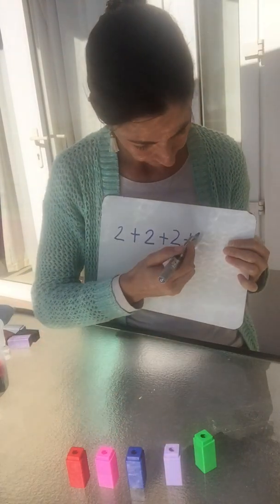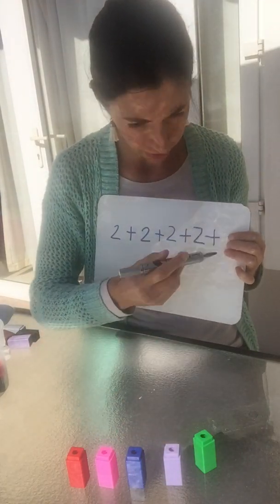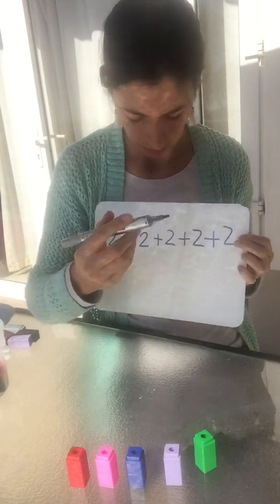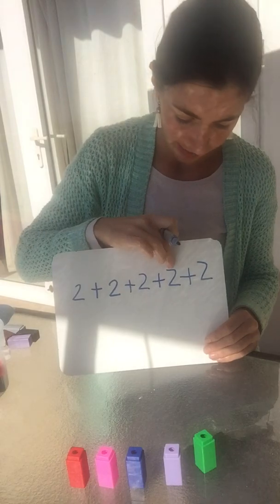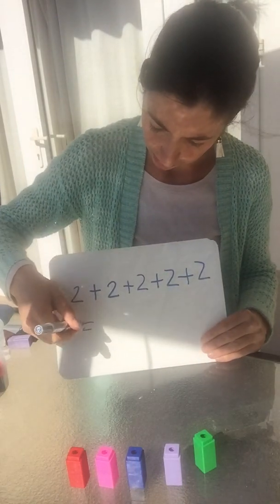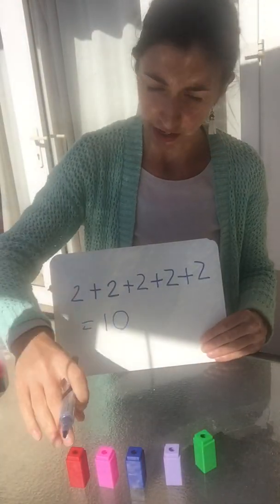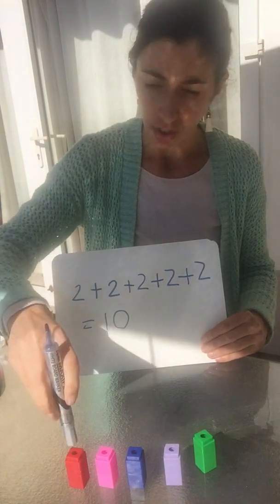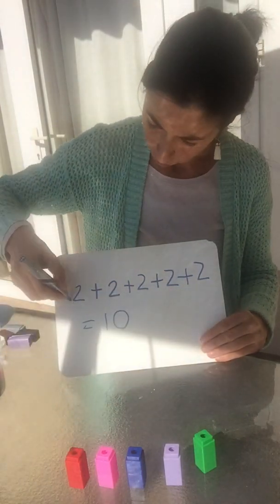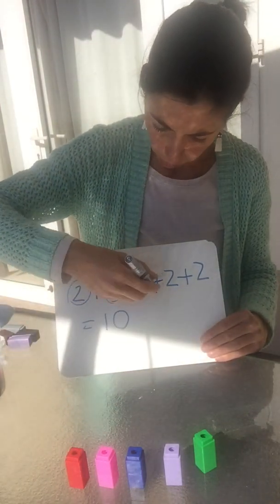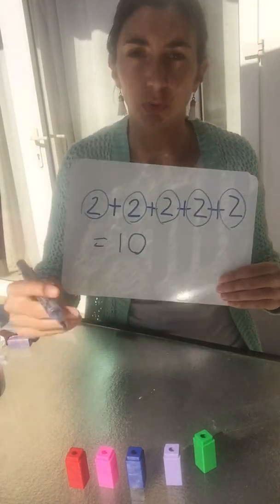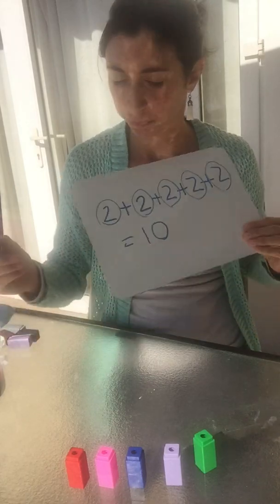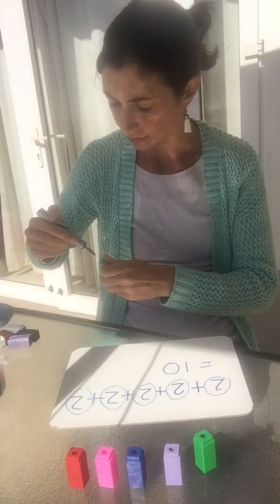And the purple. And the green. 2, 4, 6, 8, 10. So that gives me 10 counters. So 5 groups. I've got 1, 2, 3, 4, 5 groups of 2 in each group, which makes 10. All right, brilliant.